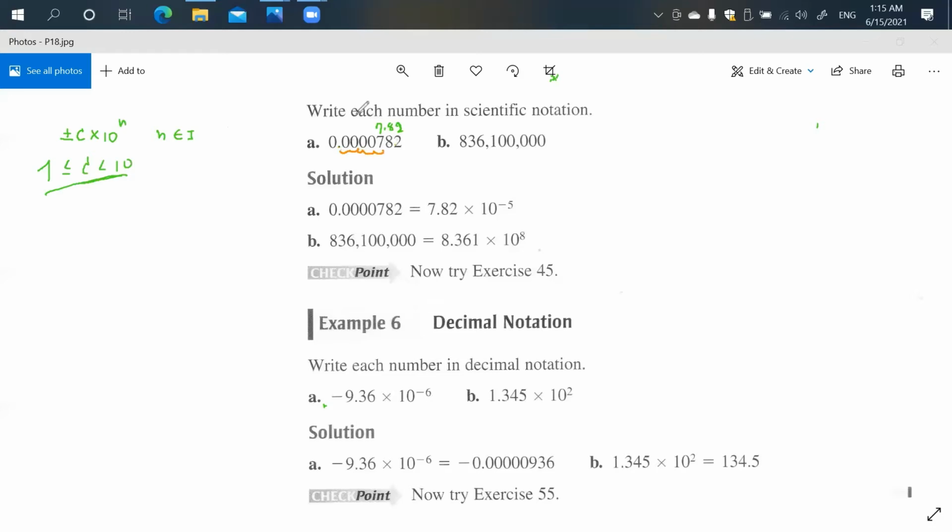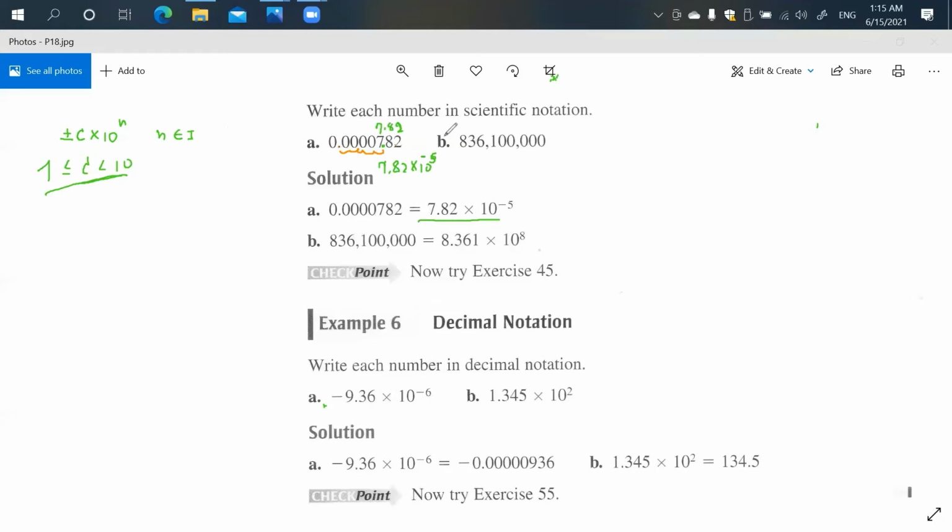So I stop right here, at 7.82. We counted 5, so it becomes 7.82 times 10 power 5. But this one we counted backwards, so don't forget we must have a negative index, negative 5. So that's the answer.